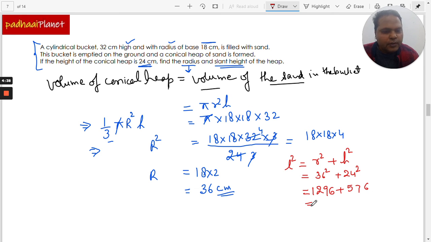So that's going to be 1296 plus 576, so that's 1872, right? So this is L square.